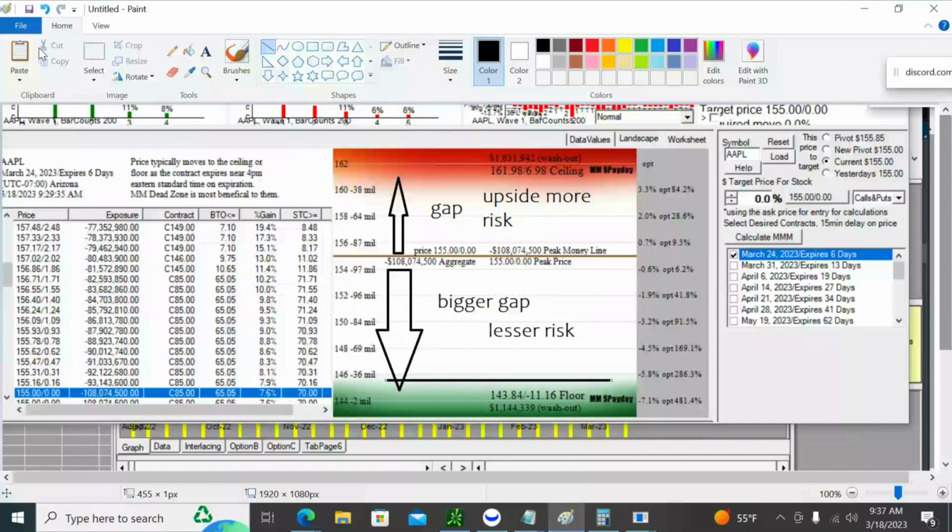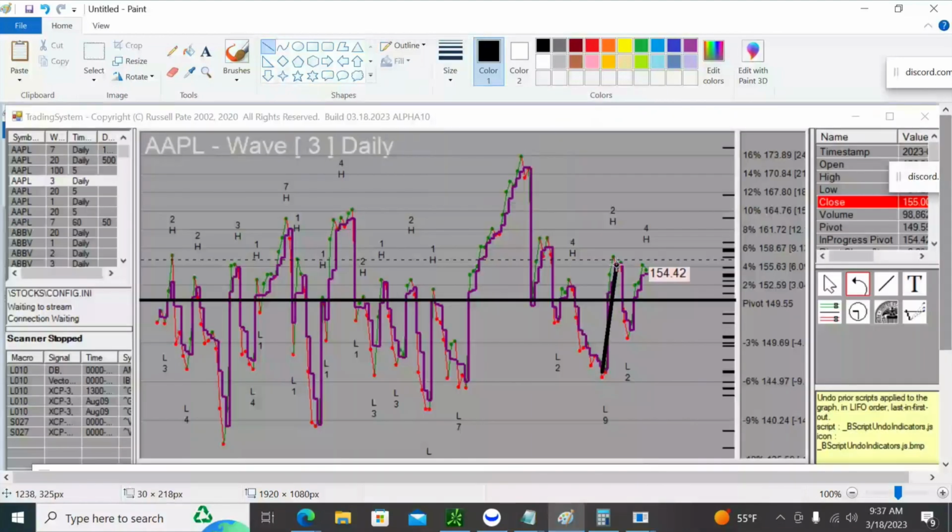Okay, so here's what I'm talking about. When I say M, I see a possible build, and then what I'll do is I'll go back to the left-hand side and look for patterns.